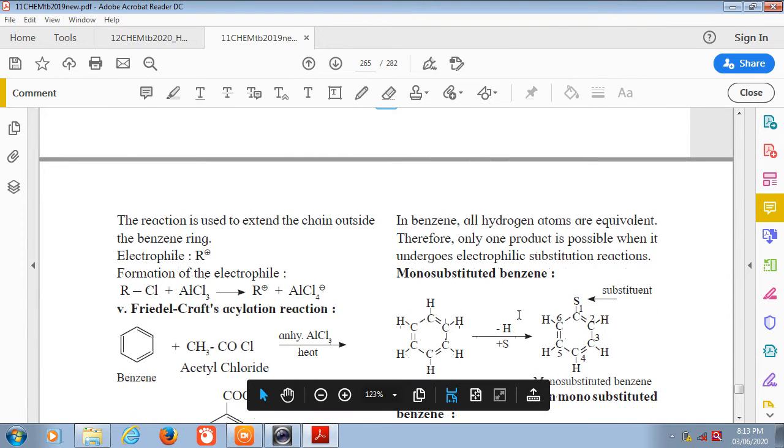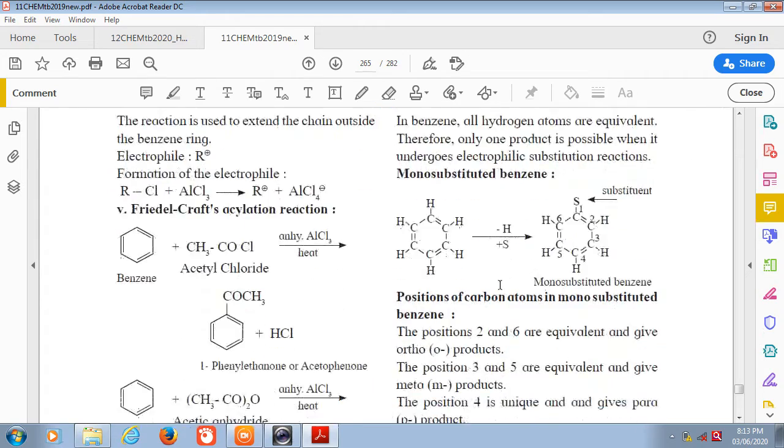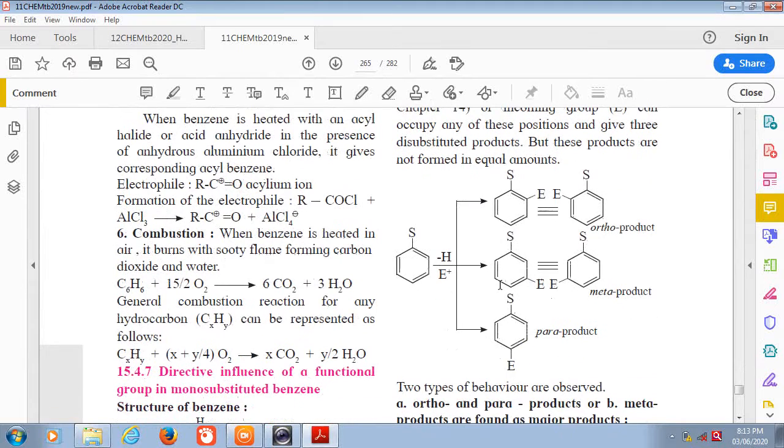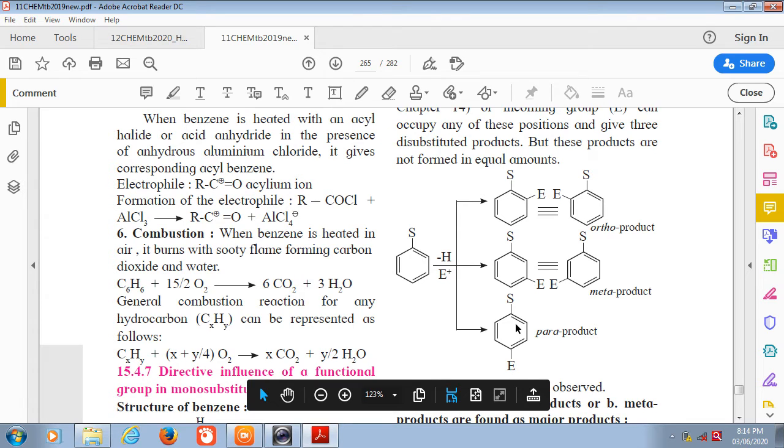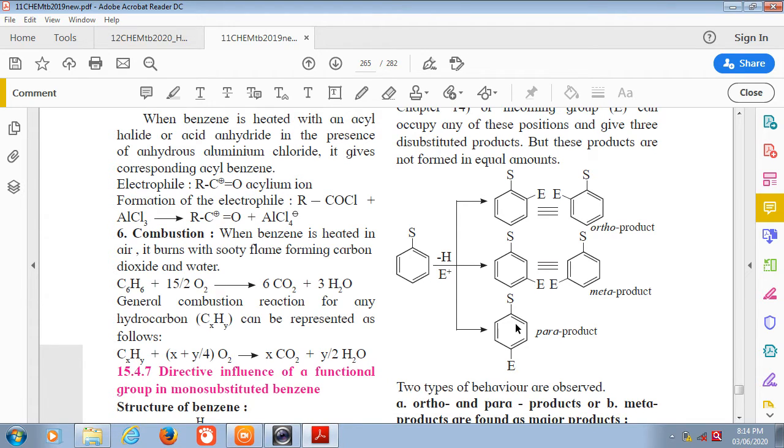But when there is a monosubstituted or halosubstituted benzene, then this is the chart. When your electrophile attacks on the monosubstituted benzene ring, the hydrogen from ortho position gets replaced and we get ortho substituted halobenzene as a product, or we get para substituted halobenzene as a product.